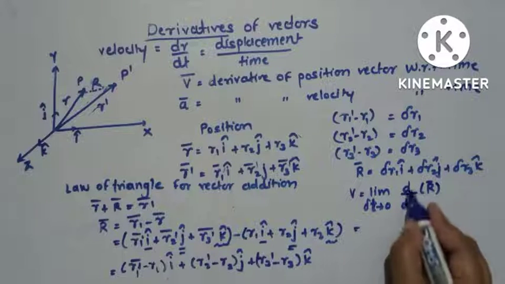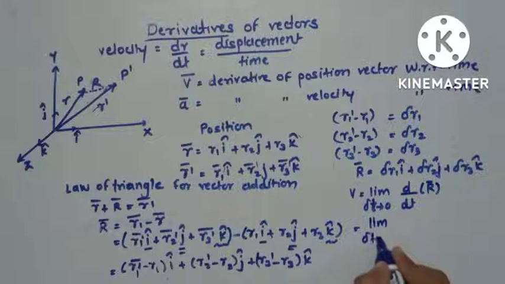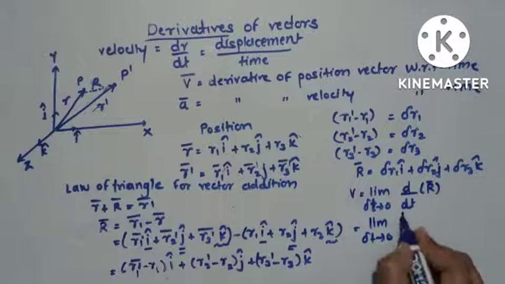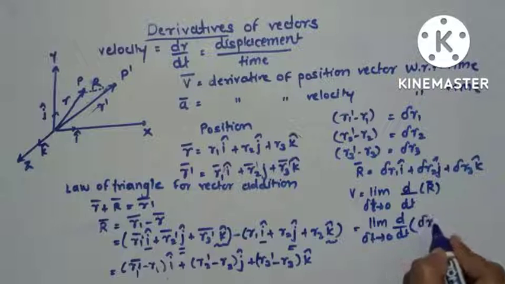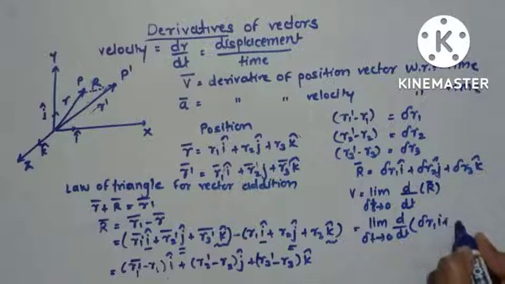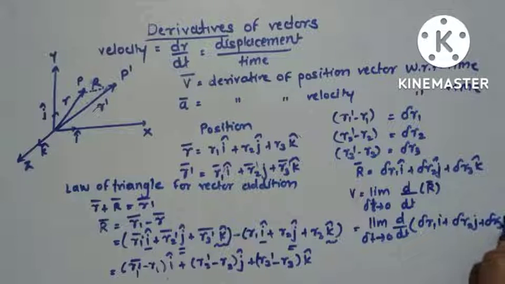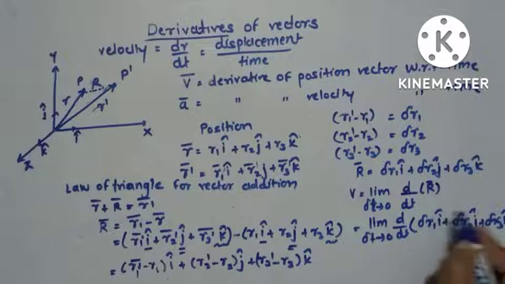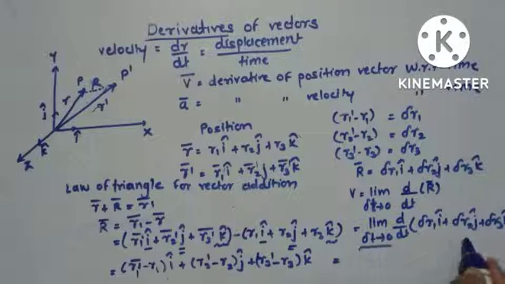Now let me put the value of this R. So limit delta t tends to 0, d by dt of delta r1 i plus delta r2 j plus delta r3 k. This is the value of capital R. Now let me apply this limit delta t to all these terms.